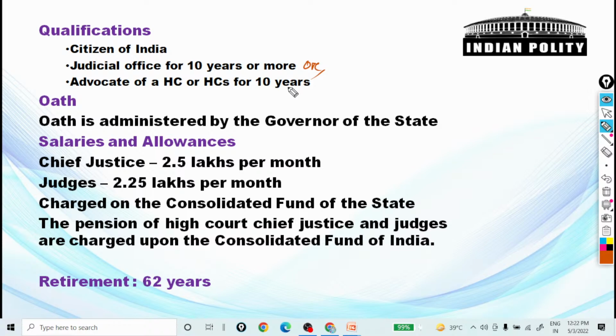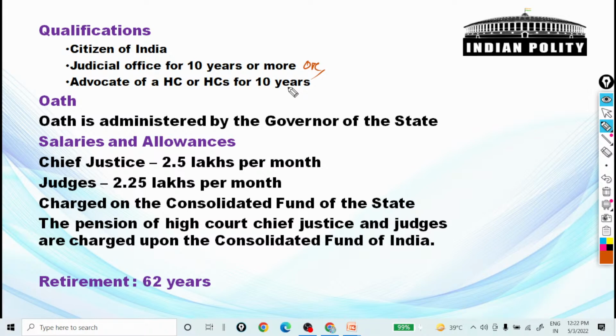At present, the Chief Justice of a High Court gets 2.5 lakh per month, and 2.25 lakh is assigned to judges. It is after the 7th Pay Commission since 2018 that this salary has been increased. And this salary is a charged expenditure from the consolidated fund of the state or the states.